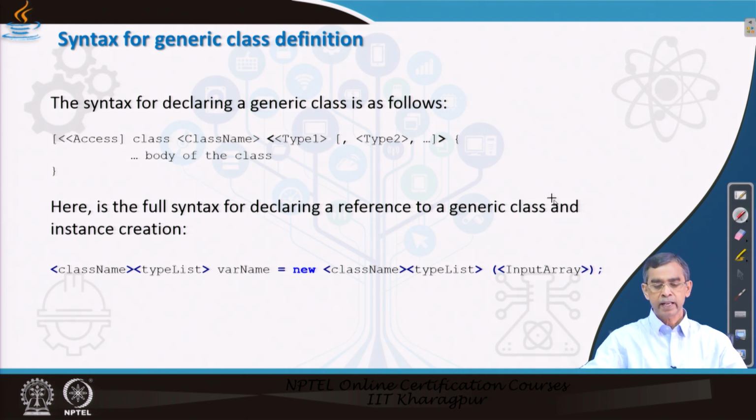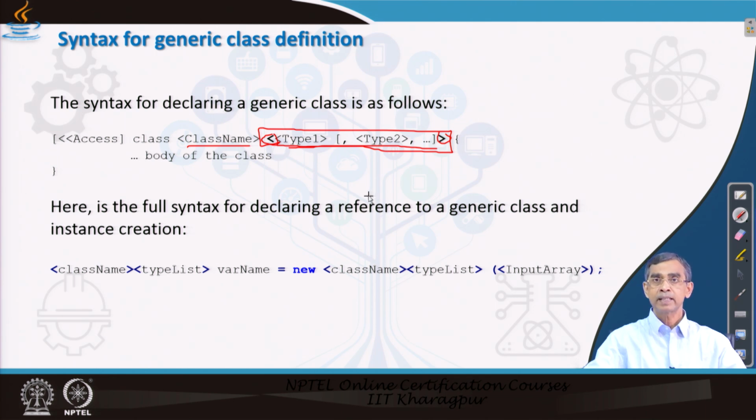Now, in order to declare a template, the template is basically to be enclosed, as we have done for a method, but in this case after the name of the class, within angular brackets, starting and closing, and whatever the different types that you want to handle in this program, you can mention as a template.